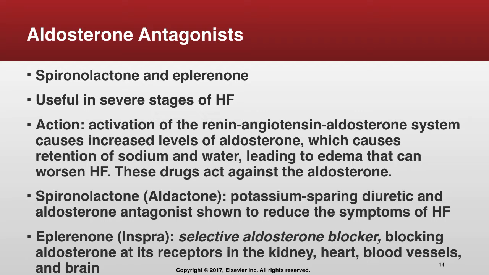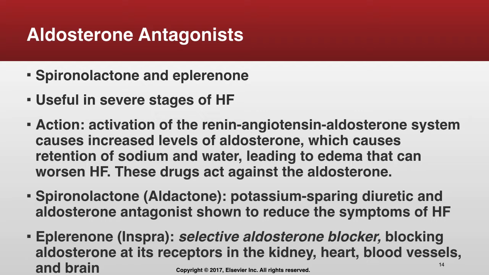The way it works is that when there's activation of the renin, angiotensin, and aldosterone systems, it causes an increased level of aldosterone. That then causes retention of sodium and water, and that leads to edema that can worsen heart failure. So what these drugs do is they act against aldosterone.